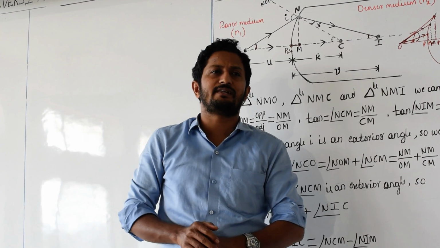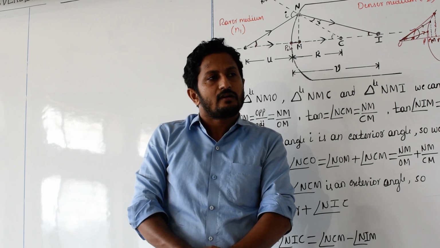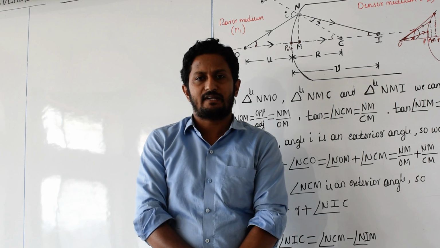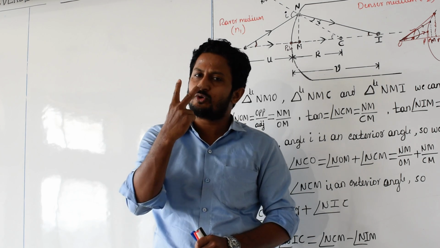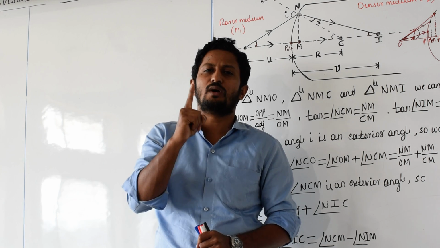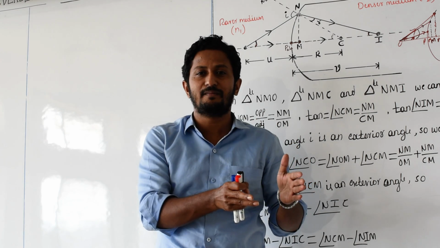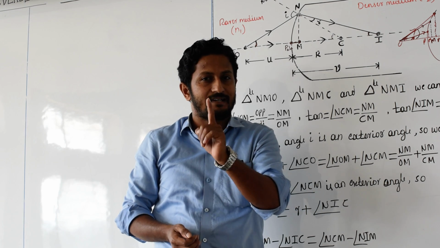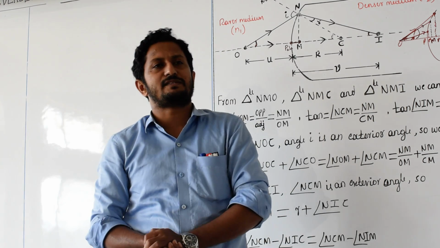Then we should know firstly what we mean by a lens. Lens means it is an optical medium bounded by two surfaces, of which at least one should be spherical. That is called a lens.